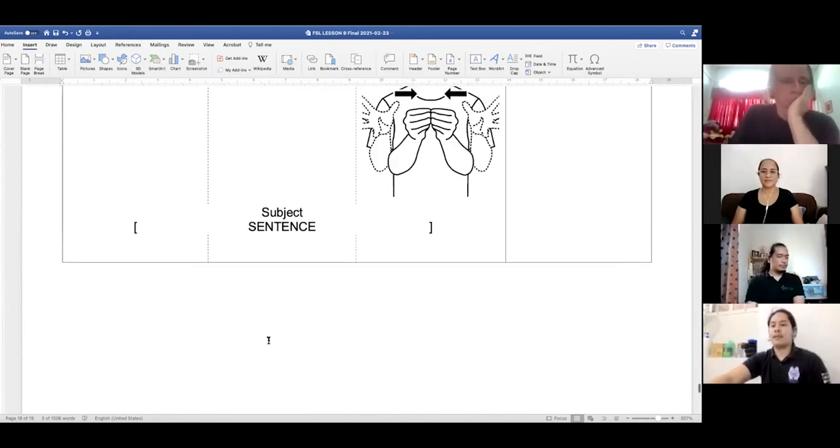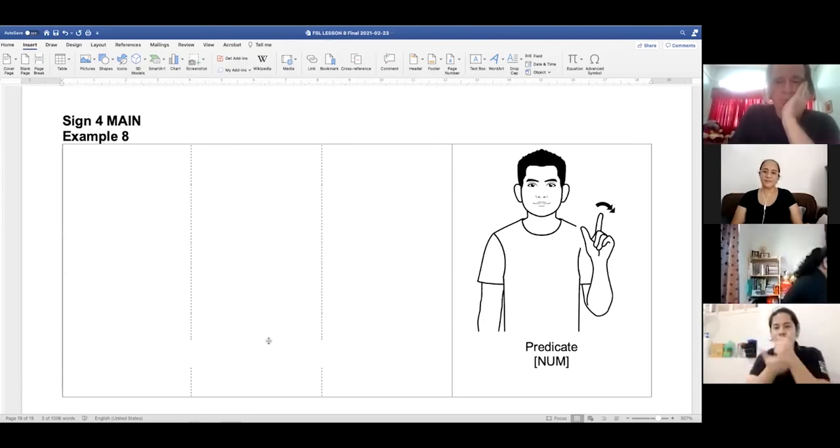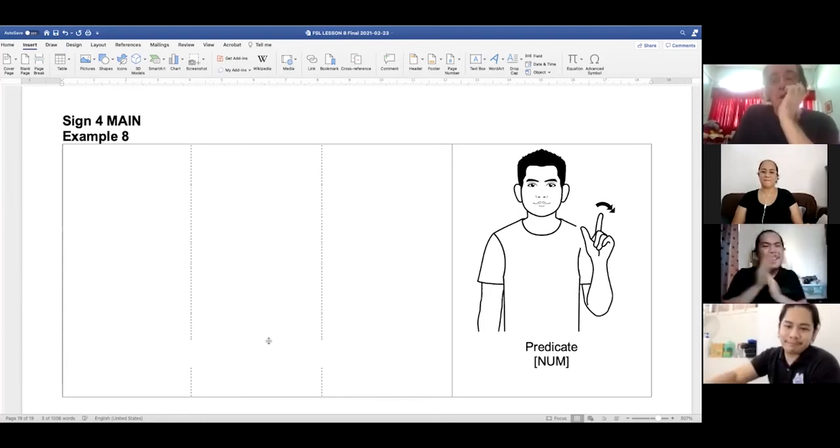And then in the main sentence, 20 is the predicate. So I understand that part. I'm just explaining it more in a visual way so the others can understand. That's fine. You need to have the discipline to really analyze the sentence closely. Good, good.